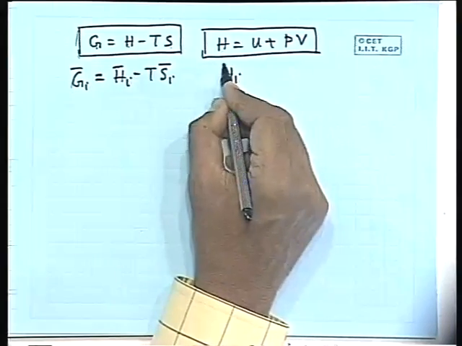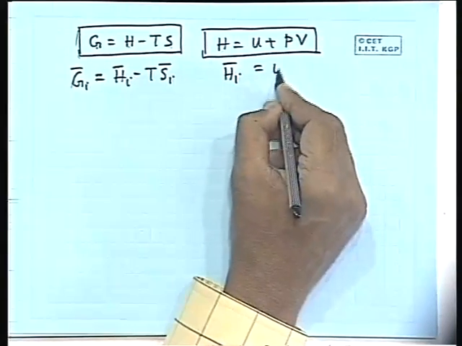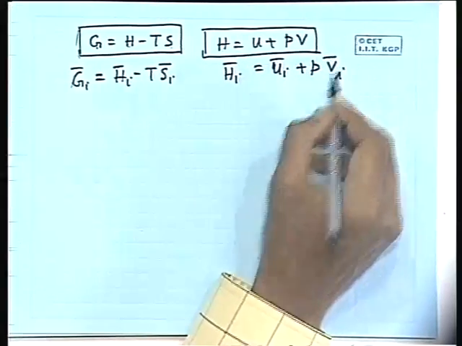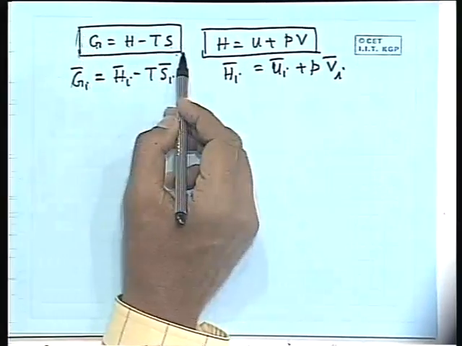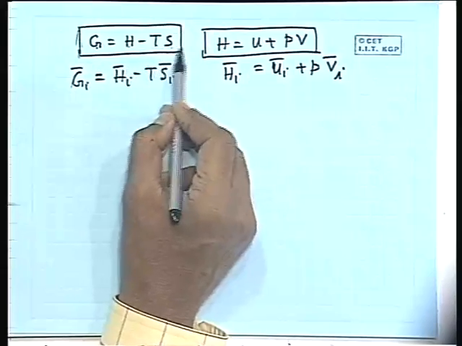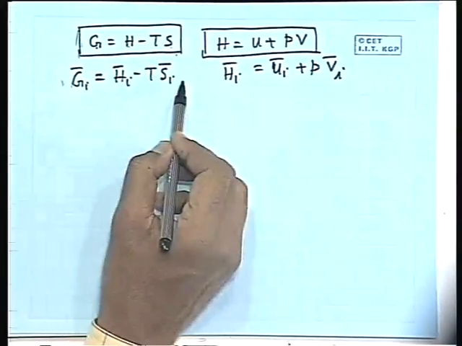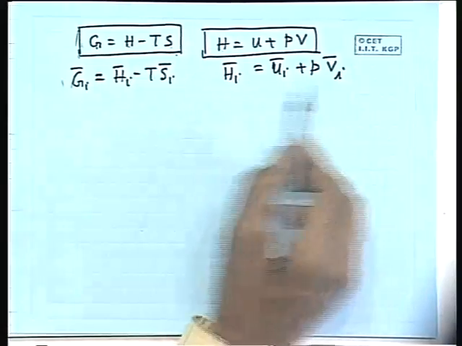Similarly, the partial molar enthalpy is the partial molar internal energy plus P times the partial molar volume. This means the relationship which holds good for the thermodynamic extensive property of the system as a whole holds for the partial molar property of the ith component also. How can you prove it?